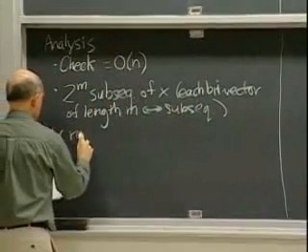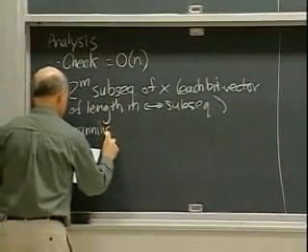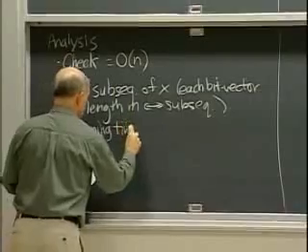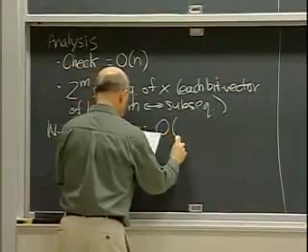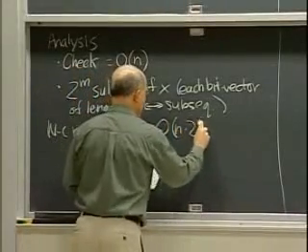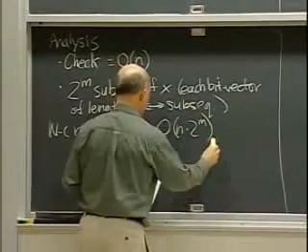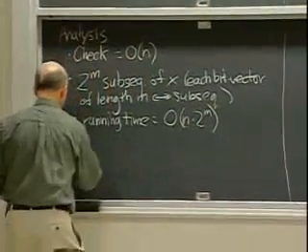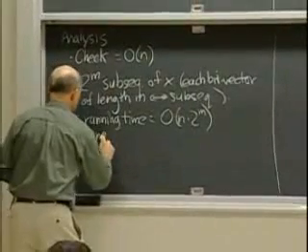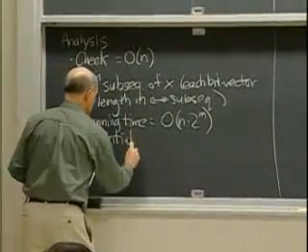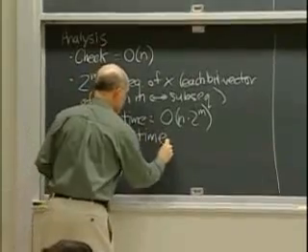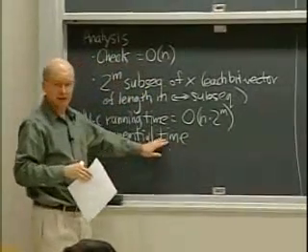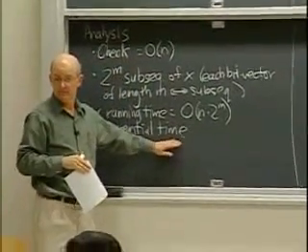So the worst case running time of this method is order n times 2 to the m, okay, which, since m is in the exponent, is exponential time. And there's a technical term that we use when something is exponential time.